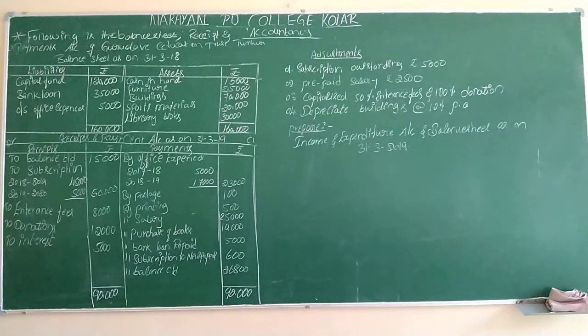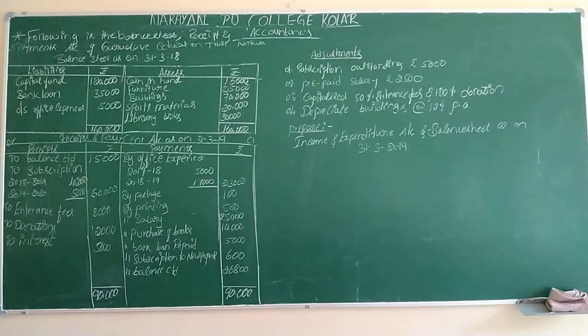Let's discuss the receipts and payments account. On the receipt side: to balance brought down 15,000. To subscription, two values are given. In the inner column, subscription for 2018-19, that is the present year, is 45,000, and 2019-20, the future year, is 5,000.